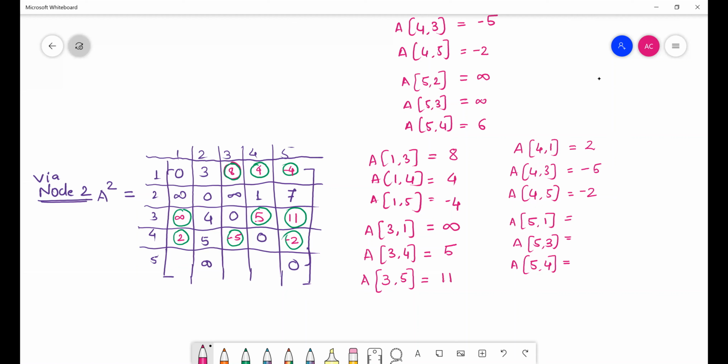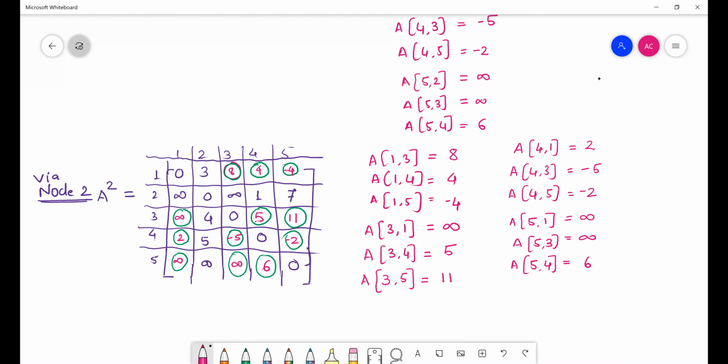So 5 to 1 will be infinite, infinite, infinite and 6. Again infinite and 6. Everybody got this matrix?